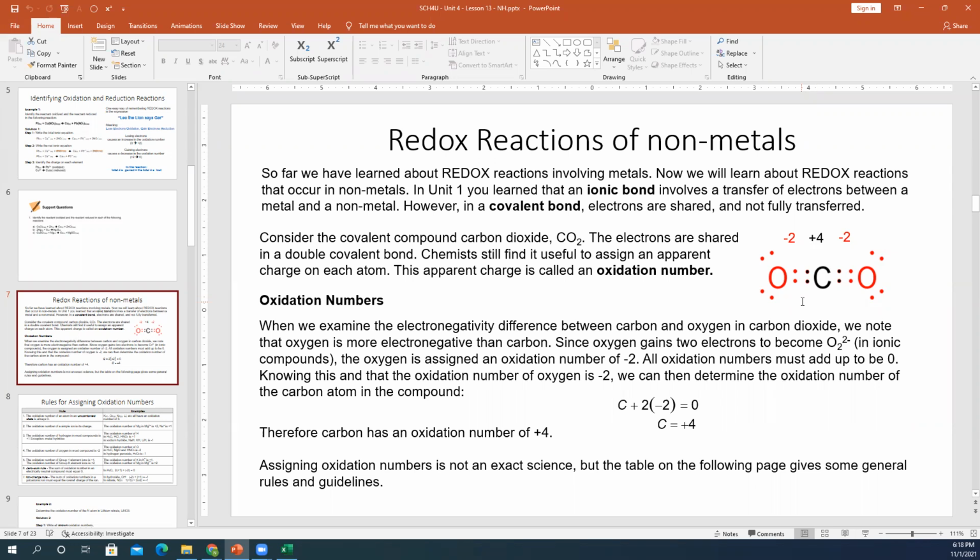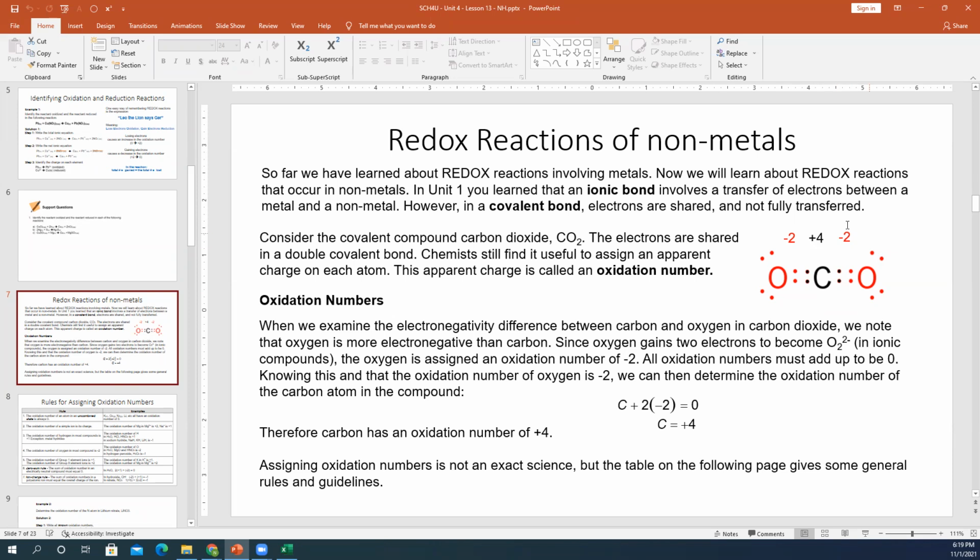When we examine the electronegativity difference between carbon and oxygen in this carbon dioxide molecule, we notice that oxygen is a more electronegative atom than carbon. Since oxygen gains 2 electrons to become O 2- in an ionic compound, the oxygen is assigned an oxidation number of -2.